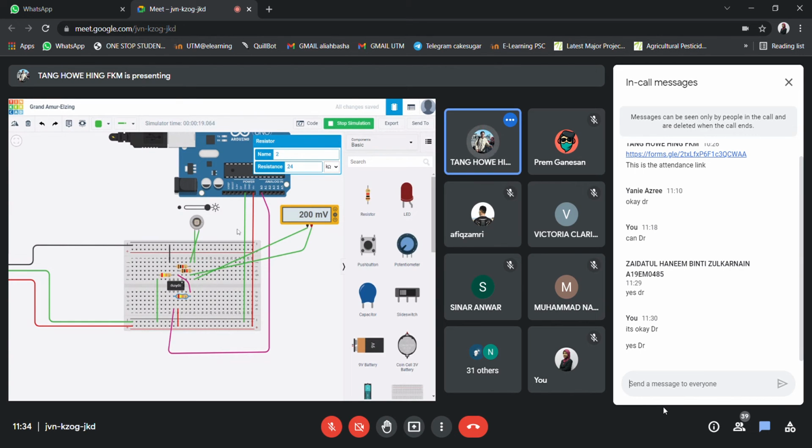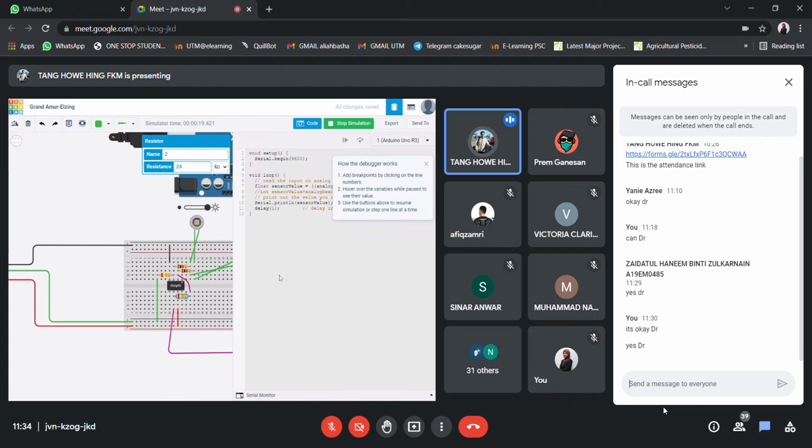In this case, I will still be able to get the voltage output in full range from 0 volt, complete darkness, to 5 volt, complete brightness, and in between I can get different voltages as well. Okay. So far, so good.